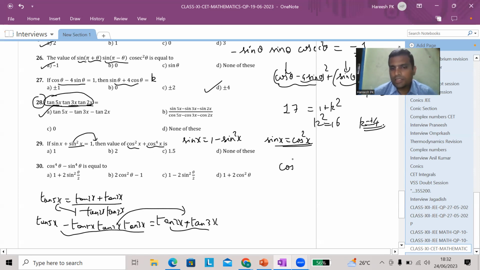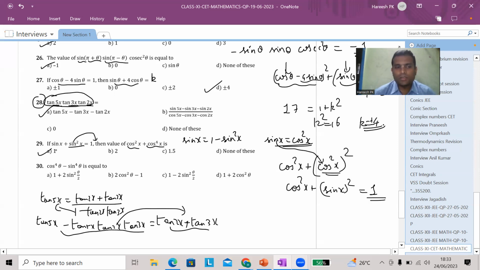So cos square x as it is keep. But cos power 4 is there, right, write it as cos square x whole square. And in cos square, only here you substitute sin x. So here when you put sin x, sin x whole square, which is sin square x, and cos square x plus sin square x is 1. So that is the answer. Again, very, very easy question.